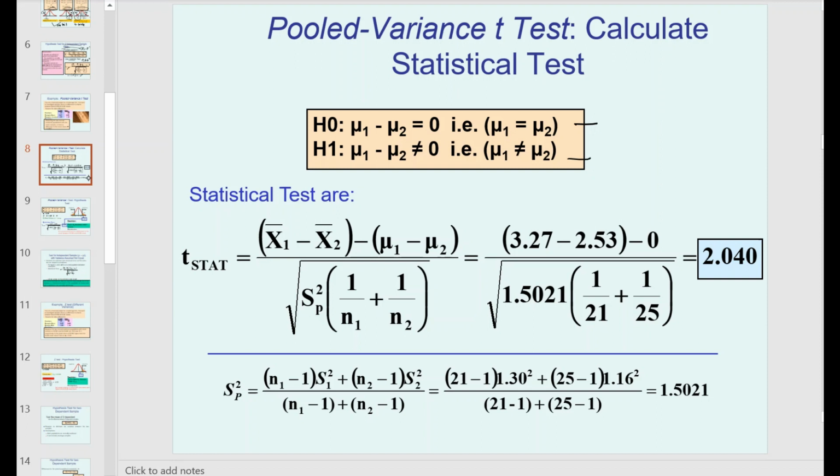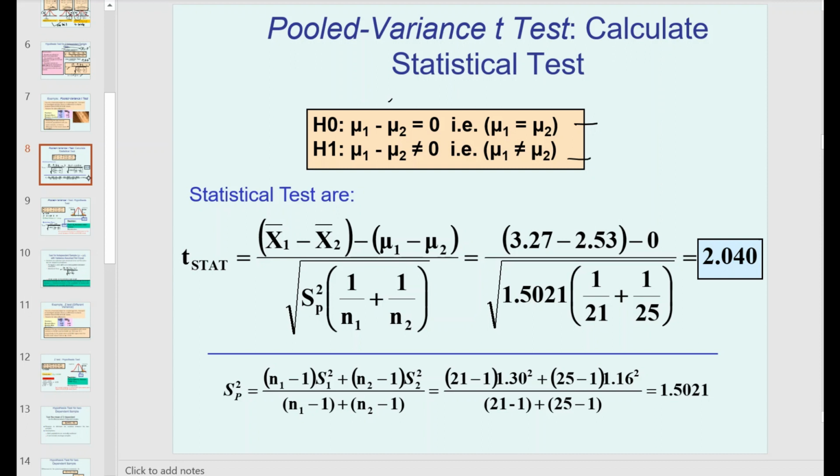Why do we write this as mu1 minus mu2 equals 0? It can be because we are assuming that mu1 is equal to mu2. So when you bring it to the left side, it becomes mu1 minus mu2 equals 0. So either way, it's just the same thing. Okay. And because H alternative is the opposite of your H null.